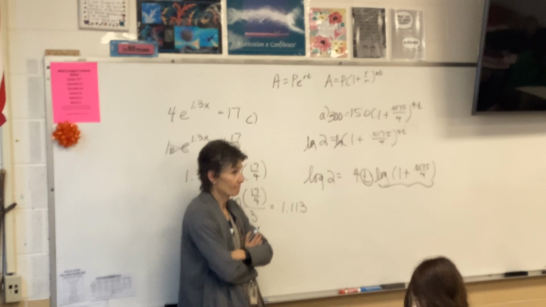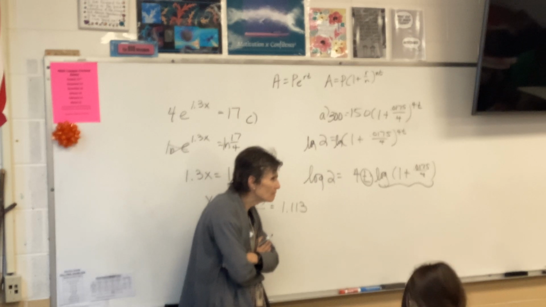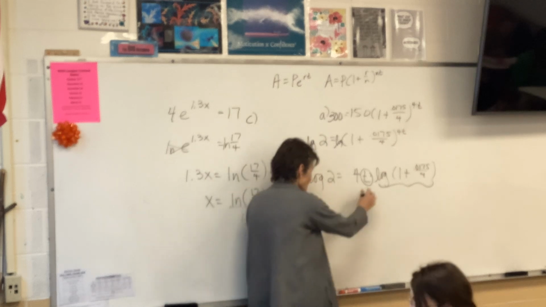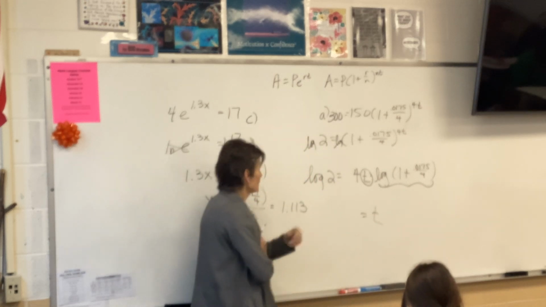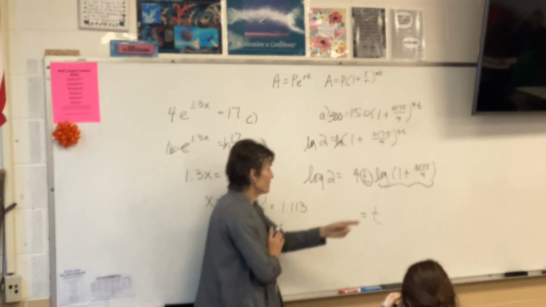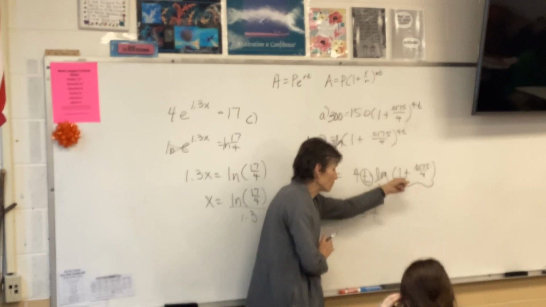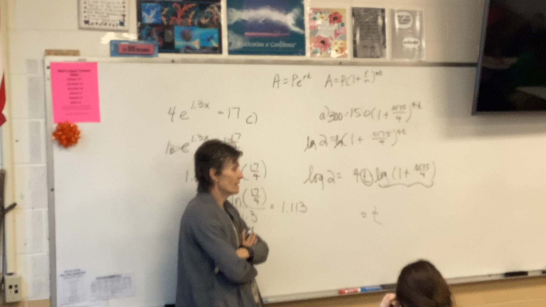How do I do the 2? Oh, because I didn't put log. I'm so smart. Good one. So you're going to do log 2 divided by 4, and then divided by that, log, that parentheses. 39?